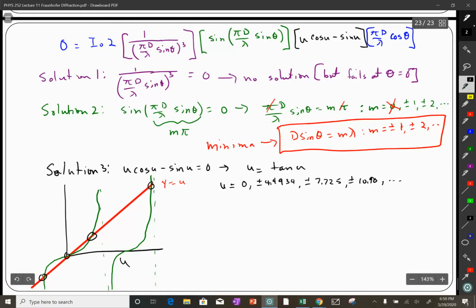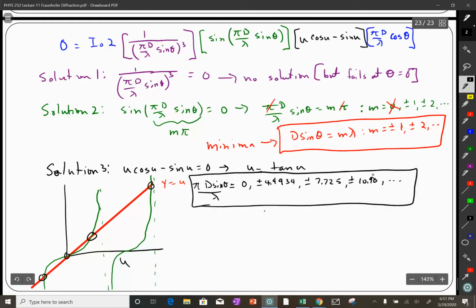And remember, u was equal to pi d sine theta over lambda. And so now you can solve for the thetas that will give you, in this case, constructive interference. So these are maxima. And this 0 really does belong in the maxima. We saw that from our usage of L'Hopital's rule.